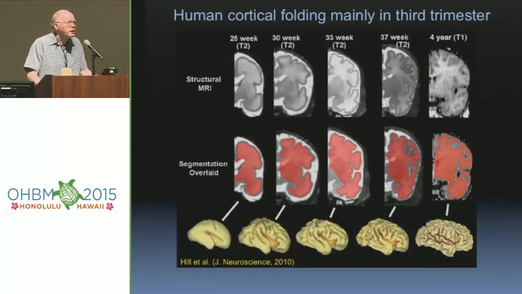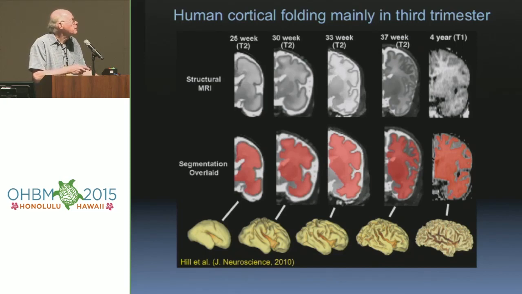So let us turn our attention now, going back to the issue of cortical folding patterns. As already noted, the earliest stages of cortical sheet formation give rise to a lissencephalic smooth cortical sheet, for instance, at 25 weeks, just entering into the third trimester.